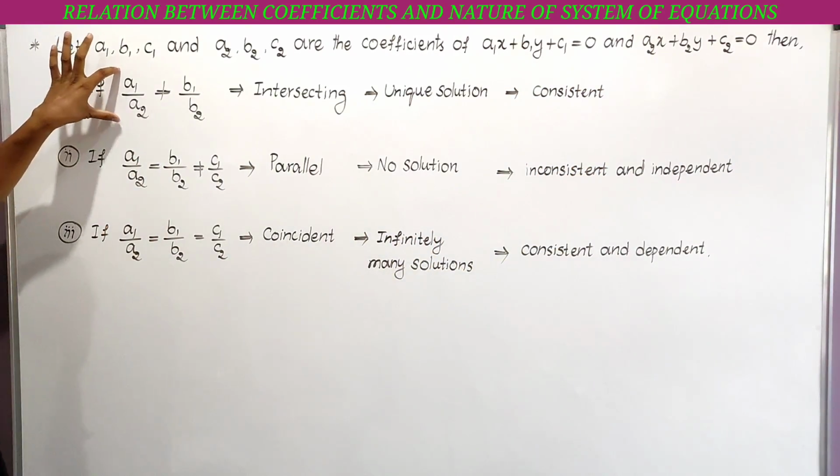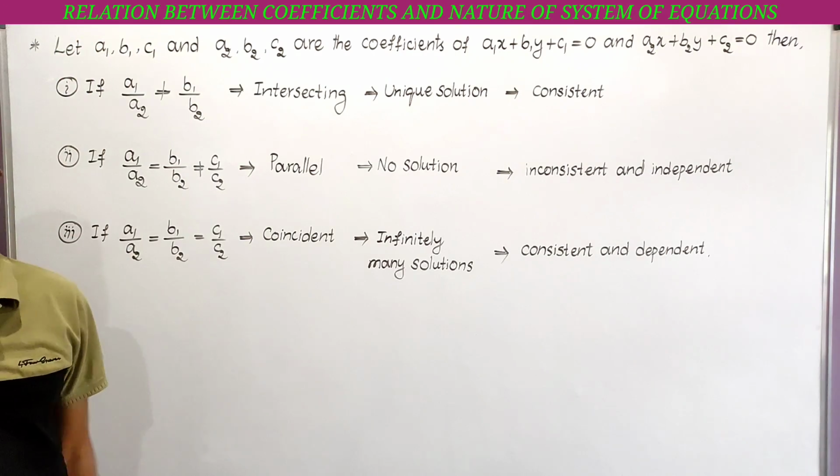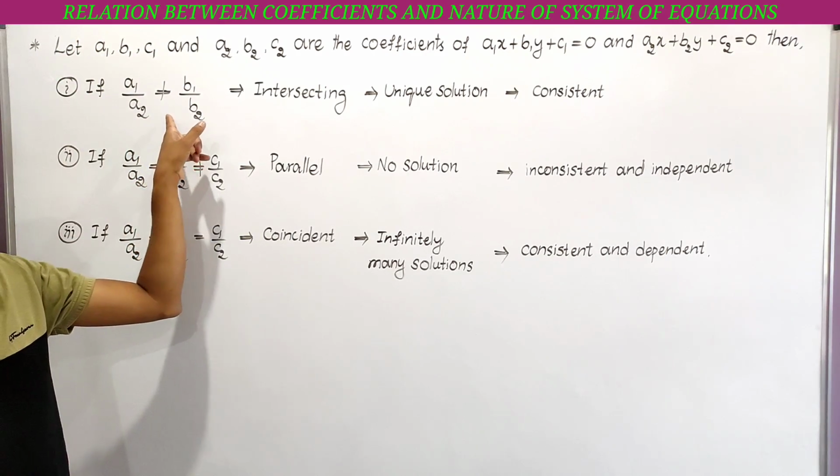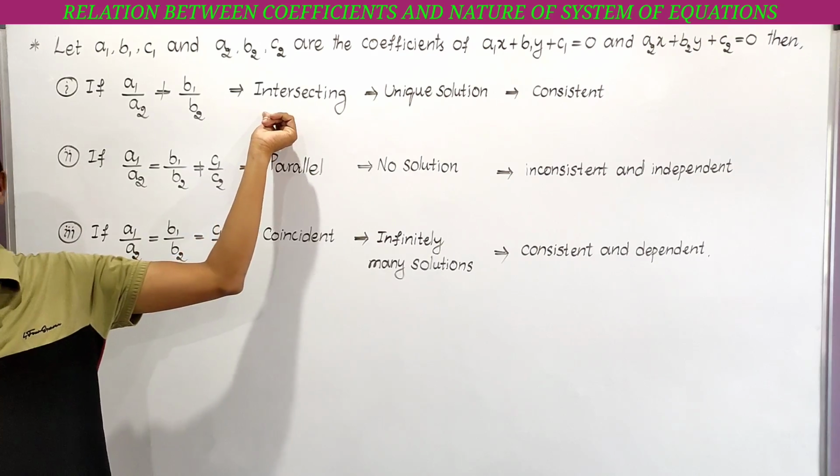So if a1 by a2 is not equal to b1 by b2, then we can say the given pair of equations are intersecting lines.